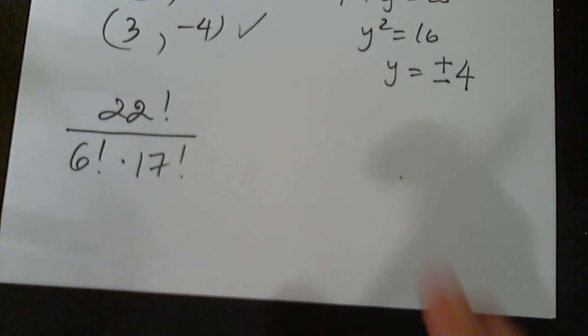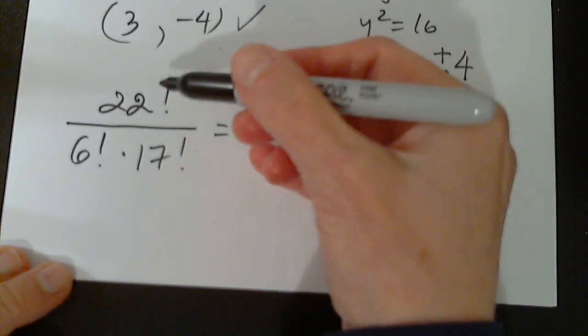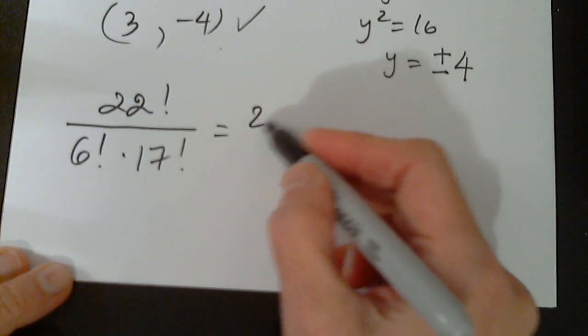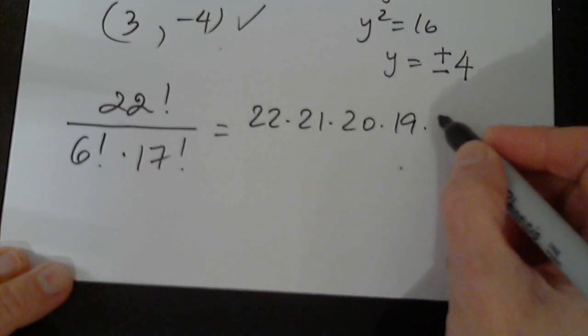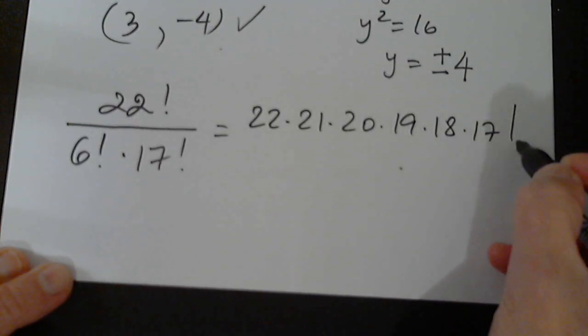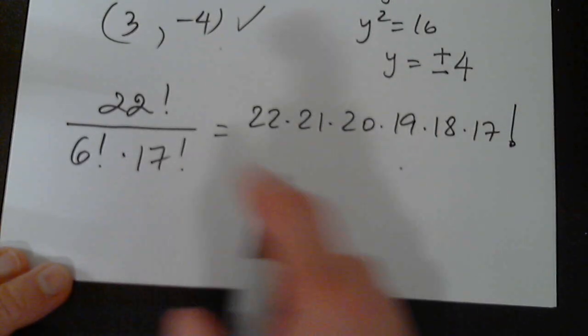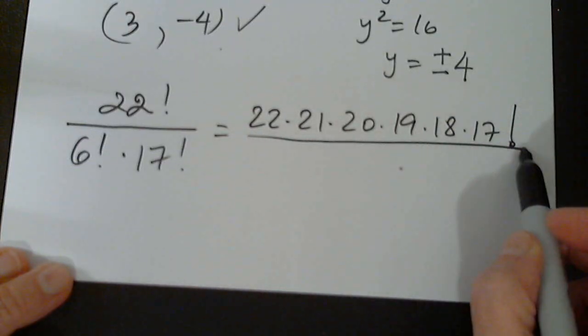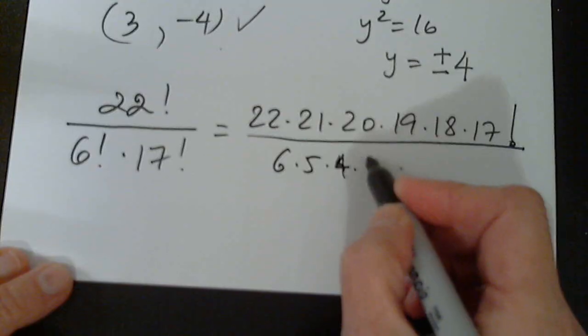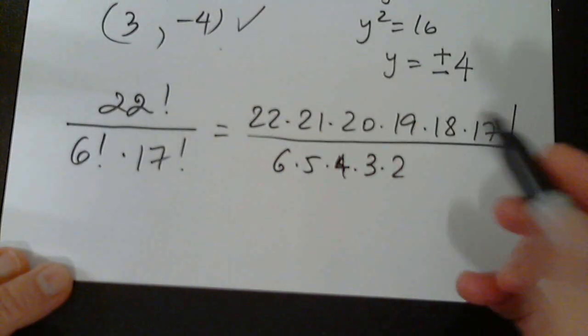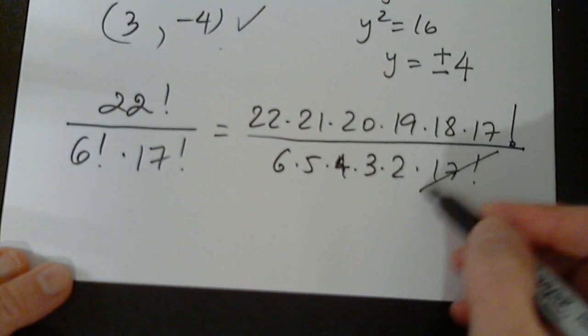The easiest thing to do here is notice that this is bigger than this. 22, 21, 20, 19, 18, 17 factorial. 6 factorial is 6 times 5 times 4 times 3 times 2 times 1 times 17 factorial.